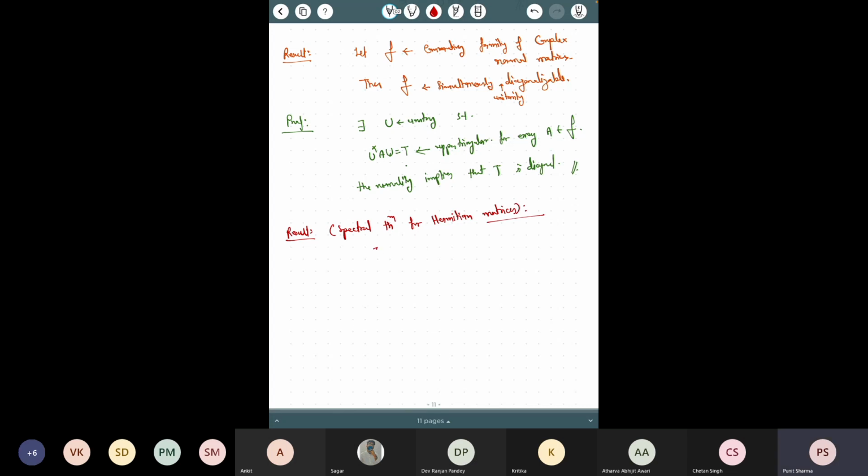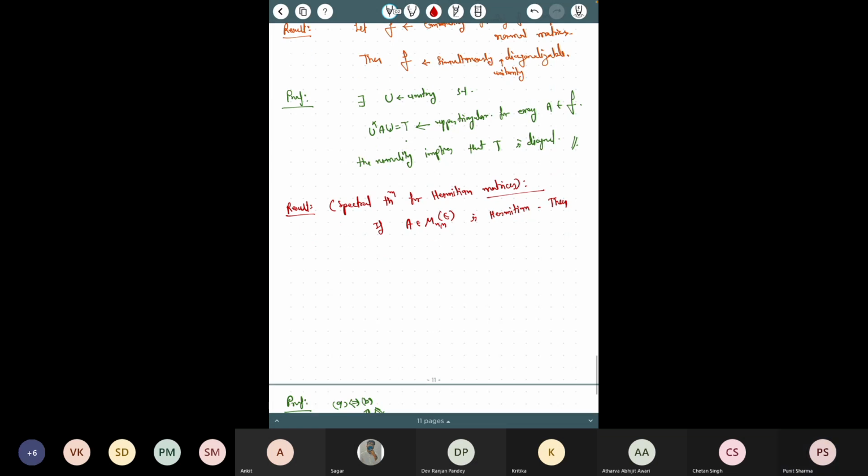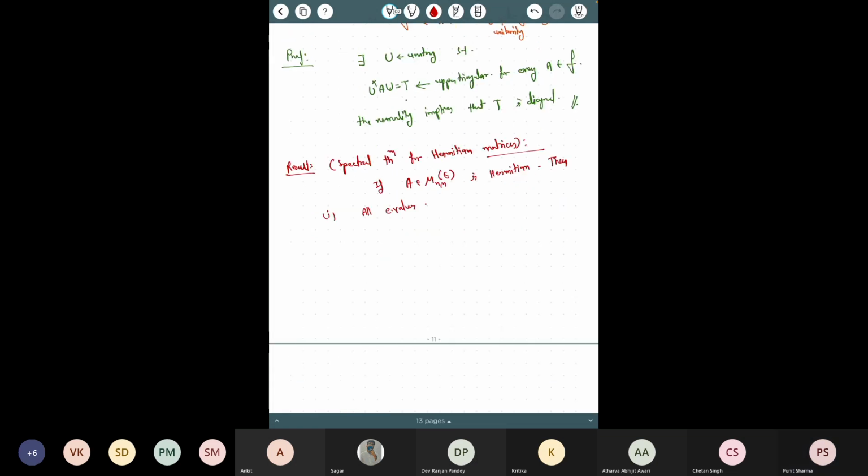What it says is that if we have a matrix A of size n cross n over C, and this matrix is Hermitian, then first, all eigenvalues of A are real, and second, A is unitarily diagonalizable.